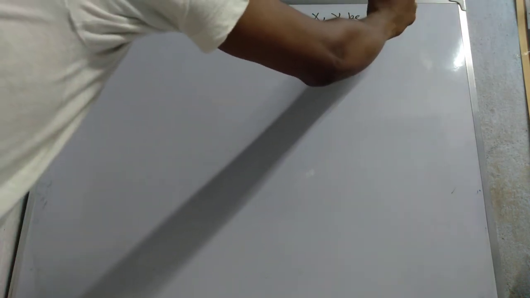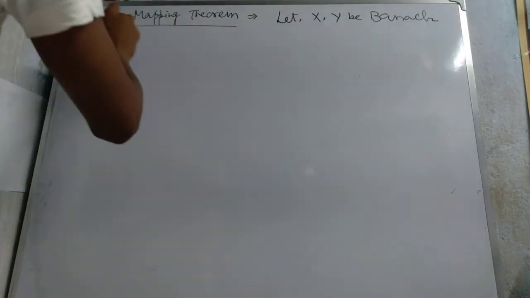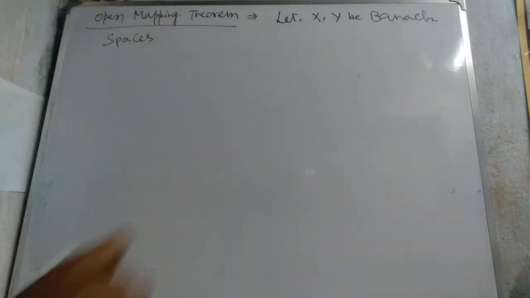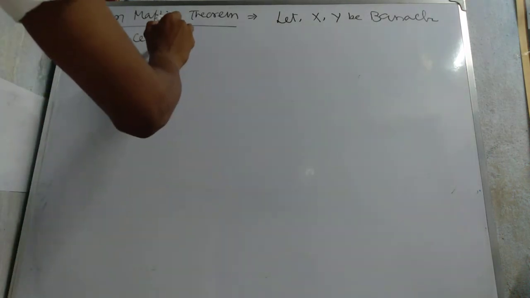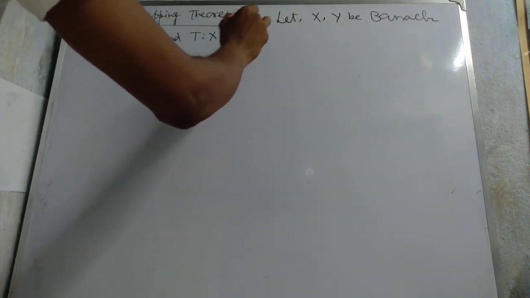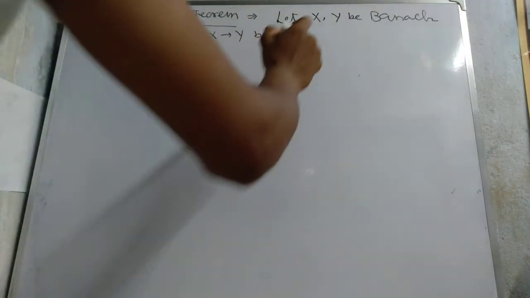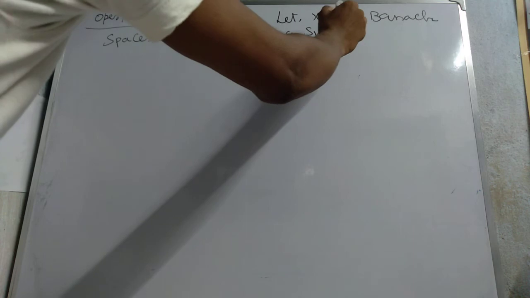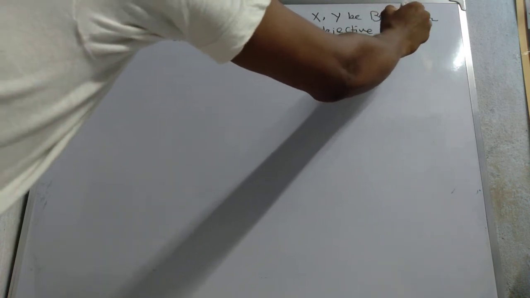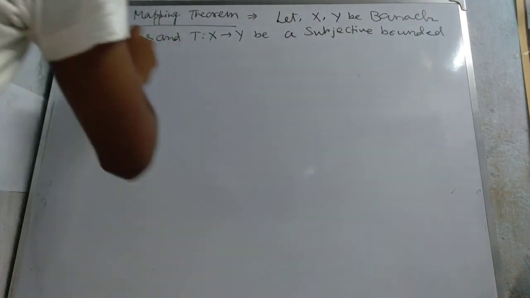Statement of the open mapping theorem. Let X, Y be Banach spaces and T from X to Y be a surjective bounded linear operator.